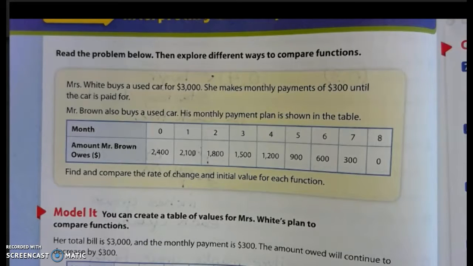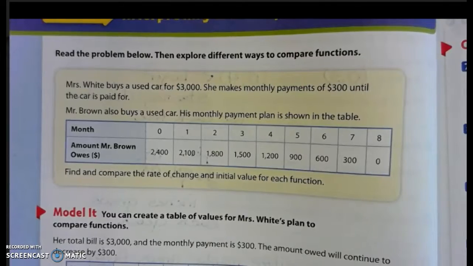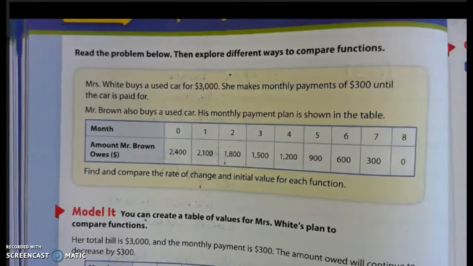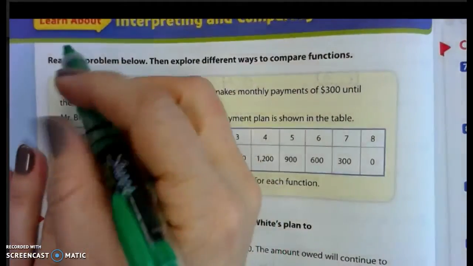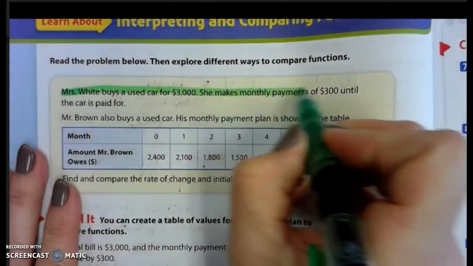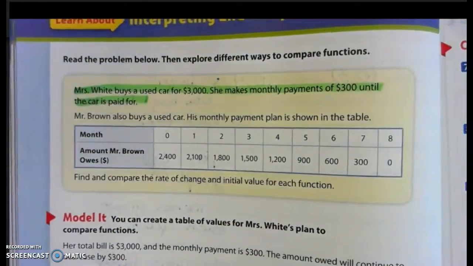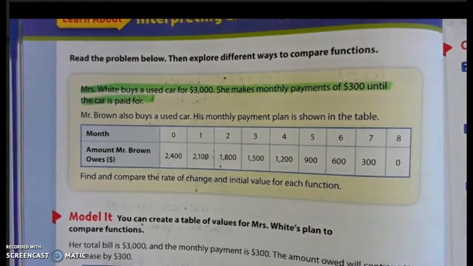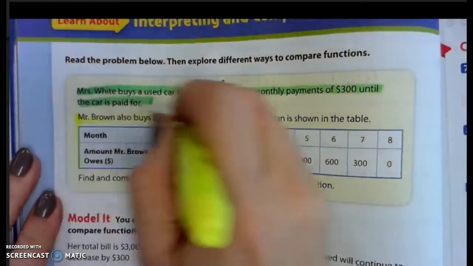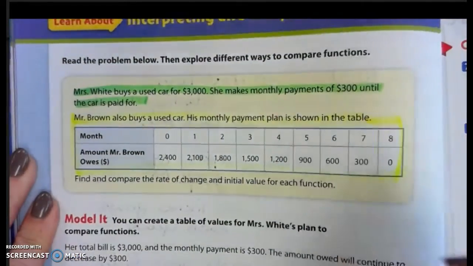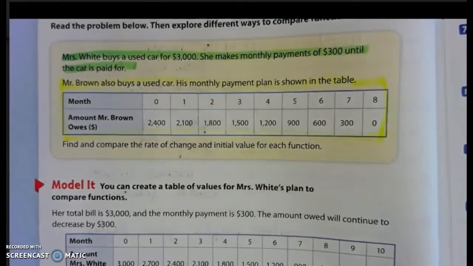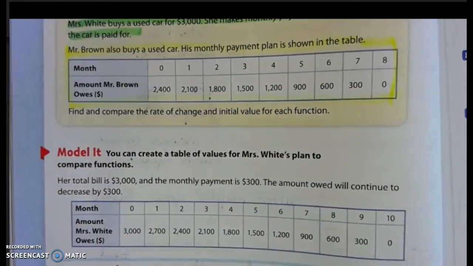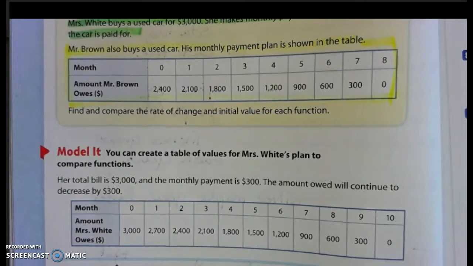Now, I told you that the best thing you can do is to put them in a similar format. Now, I've got the hiccups. Miss White was given in a verbal description. Mr. Brown was given in a table. Okay? We have two different ways to look at these problems. Now, in the Model It, they are showing you how to create a table for Miss White.